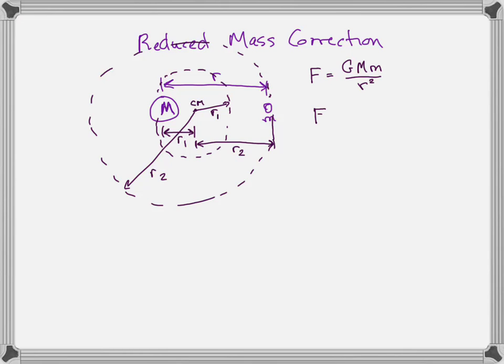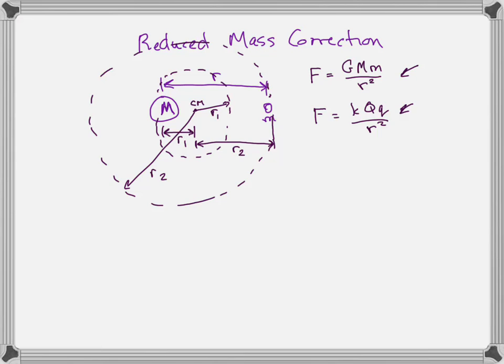Or if they were charges, the force would be K Q q over r squared. Exact same form. So the reduced mass correction doesn't change whether we're talking about orbits because of gravitation or because of Coulomb force. The reduced mass correction still holds.